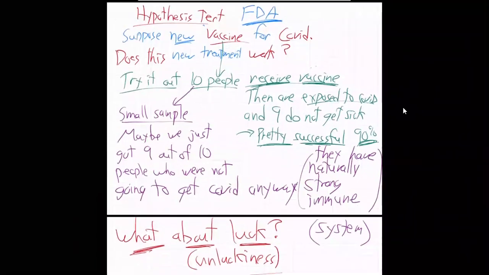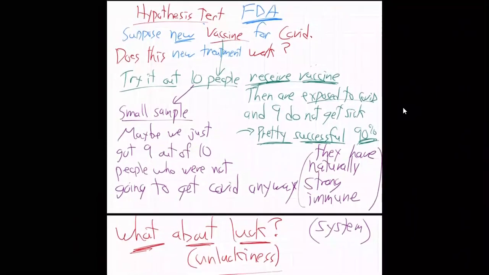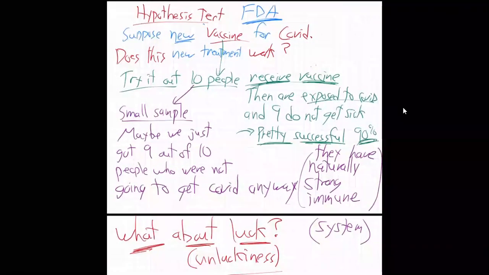Meaning lucky, or I guess it's unlucky, as the case may be, people that had a strong immune system. And so when you thought the vaccine was working, it wasn't really the vaccine. It was just that they had super strong immune systems. That could happen, right? It's possible. Maybe not likely, but it's certainly possible that at random that could happen.